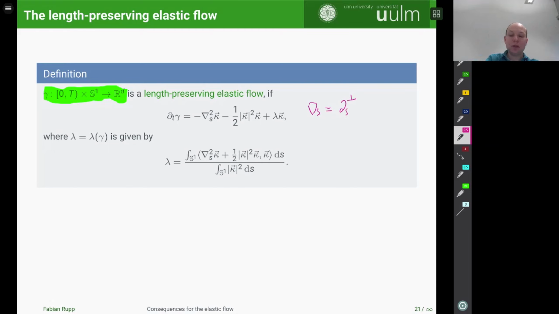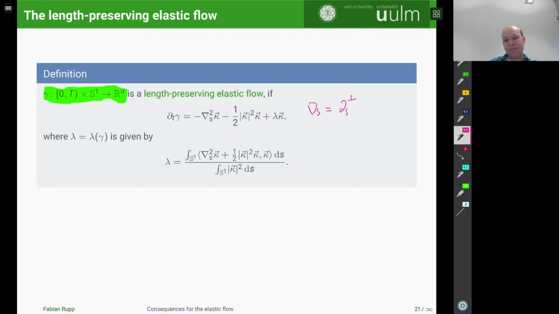So this is just a symbol if you want. And this really describes a one-dimensional PDE in space and time. And the Lagrange multiplier is given as a quotient of these two integrals. Note that the denominator is always non-zero because the elastic energy is bounded from below for closed curves.